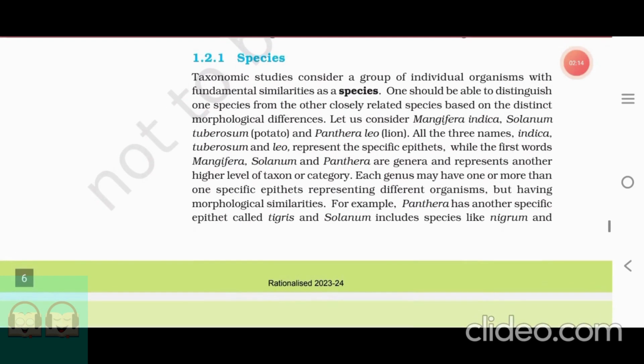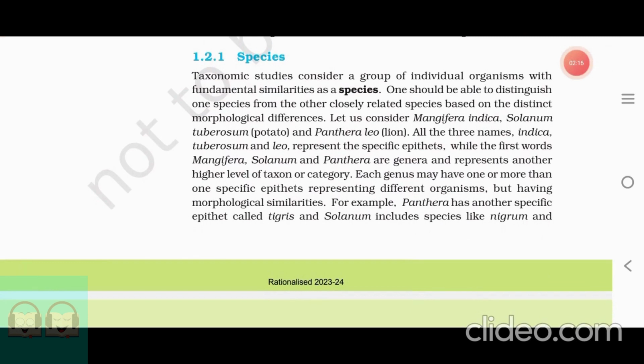1.2.1 Species. Taxonomic studies consider a group of individual organisms with fundamental similarities as a species. One should be able to distinguish one species from other closely related species based on the distinct morphological differences. Let us consider Mangifera indica, Solanum tuberosum, potato, and Panthera leo, lion.